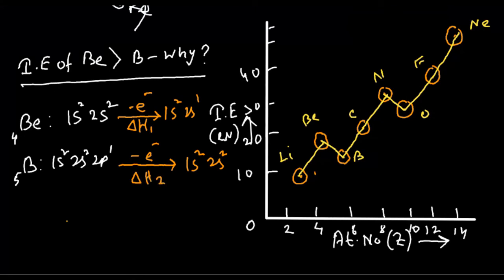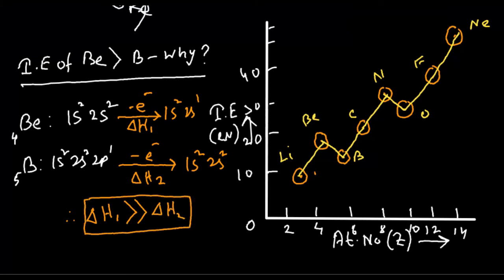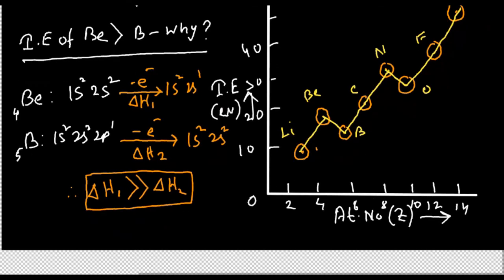So we can say that delta H1 is very high as compared to delta H2. Delta H1 will require a very high amount of energy to remove the electron. That is the reason why the ionization energy of beryllium is greater than that of boron.